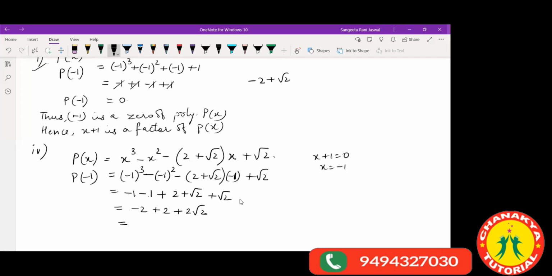Look here, I'll explain. We take the whole of this inside the bracket. So minus 1 into 2 becomes minus 2. Minus 1 into root 2 becomes minus root 2. And now again there is a minus sign outside, so minus into minus becomes plus 2. Minus into minus becomes plus 2.